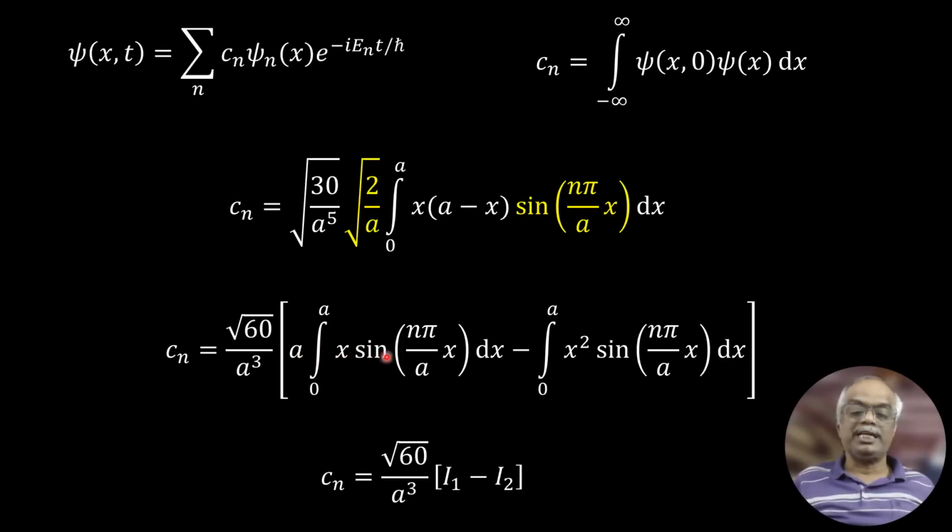Next one, here you have minus x into x, so you will get x squared sin n pi by a x dx. Now we have two integrals. We have to calculate these two. First one is this one, including this a. I am labeling it as I1 and this is I2.